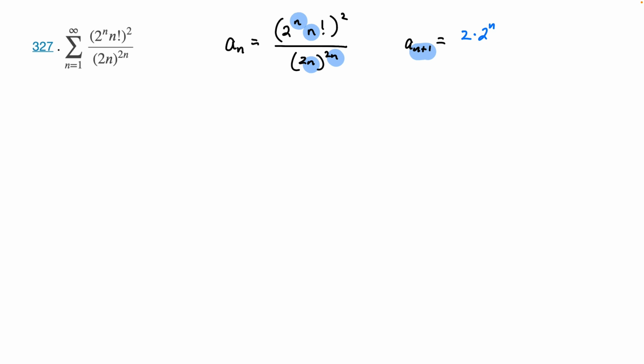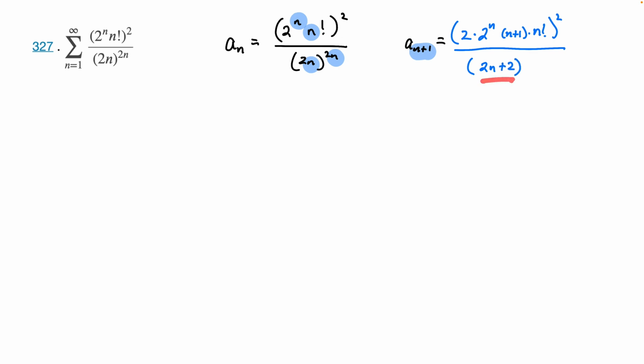N factorial, written down as n plus 1 factorial, is binomial n plus 1 times n factorial. All of this is being raised to the power 2. In the bottom, take your time, distribute out 2 onto n plus 1 to yield 2 times n and then 2 times 1, so 2n plus 2.